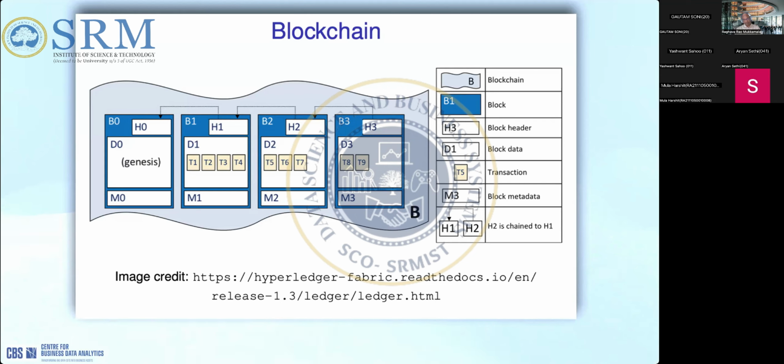You just have a blockchain containing a set of blocks with the linkage. And why do you want to have it? Because this is an immutable transactional record. All the information is put into it, and this serves as the authority.